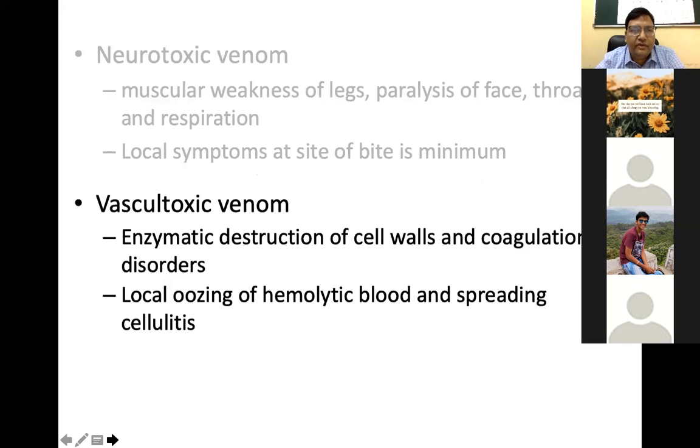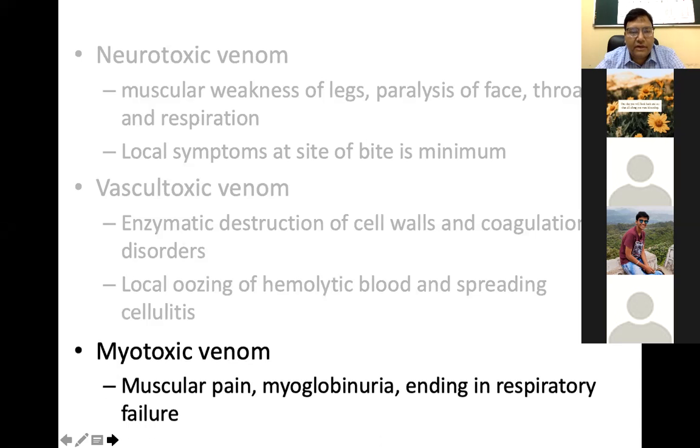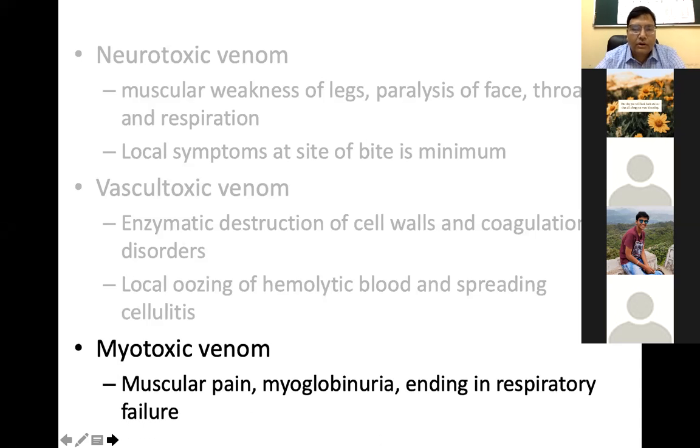That is minimal with the neurotoxic venom. In the vasculotoxic venom, there is enzymatic destruction of the cell walls and coagulation disorder. There is local oozing of hemolyzed blood and spread of cellulitis. And in the myotoxic venom, there is muscular pain and myoglobinuria, which ends in respiratory failure.